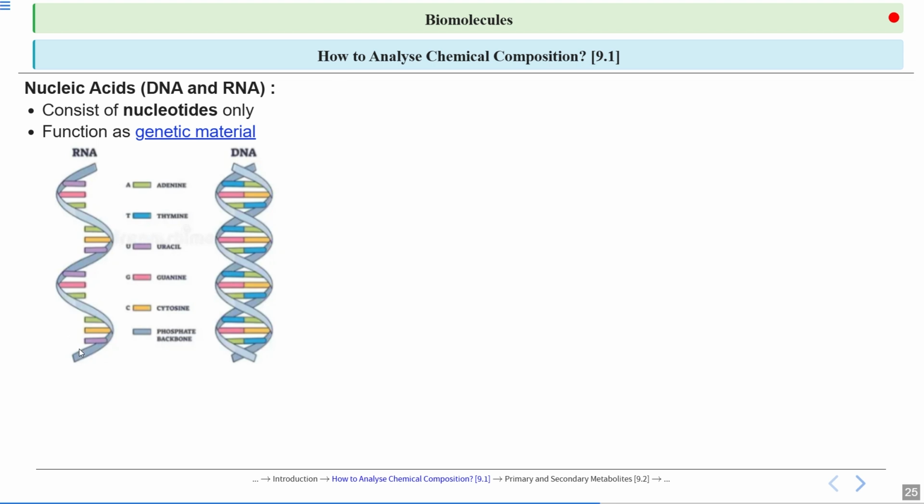You can see this is RNA, this is DNA. DNA consists of adenine, guanine, cytosine, and thymine, and RNA consists of adenine, guanine, cytosine, and uracil instead of thymine.